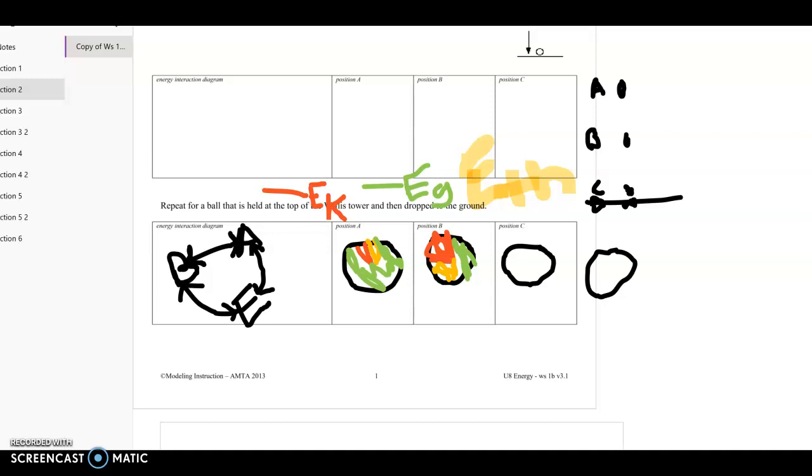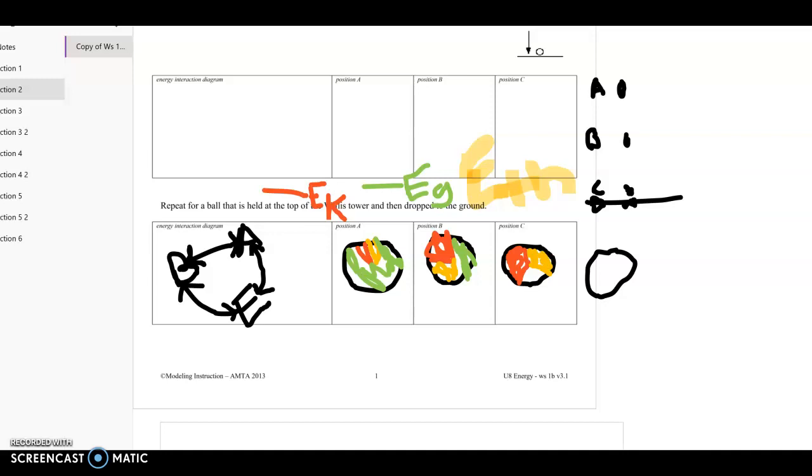So it's got to have more kinetic, because it's going even faster. Okay, it's got to have more thermal, because it's rubbed against the air more. So I've got to have more than 1/4 of thermal. So if that would be 1/4, I'm going to make it have that much thermal. So more than I had over here. That sort of thing is what I'm going to be looking for when I'm grading.